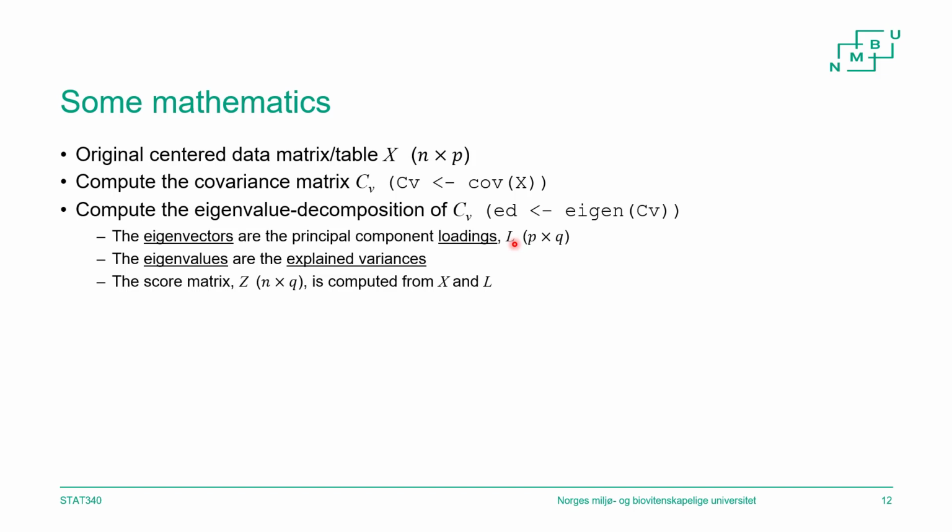So that's really the eigenvectors of this covariance matrix. The eigenvalues are the explained variances. And the score matrix, if we call it Z, will then be n times q if we only consider the first q principal components. This is then computed from X and the loadings.